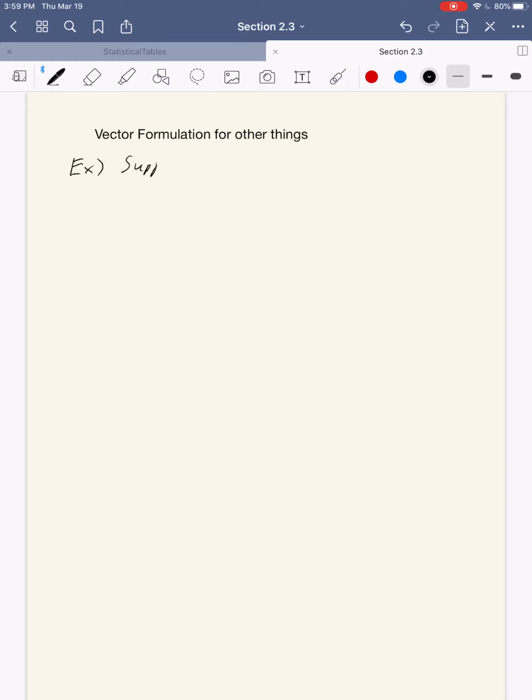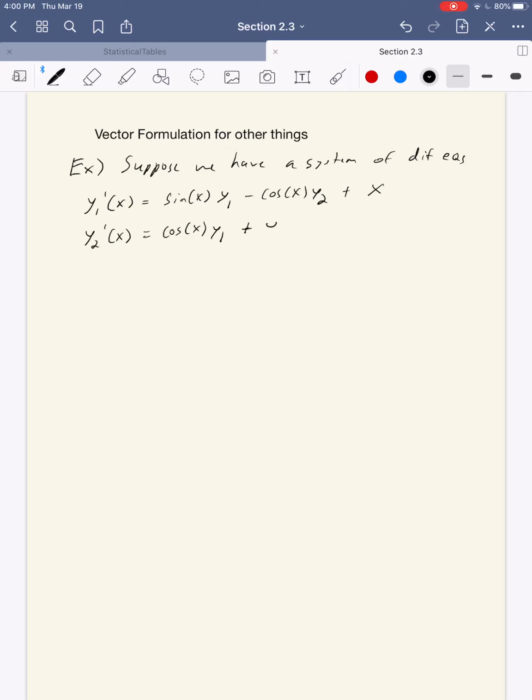Let's suppose we have a system of differential equations. Maybe our system is that y1 prime of x is sine of x times y1 minus cosine x times y2 plus x, and y2 prime of x is cosine x times y1 plus y2 minus 1.